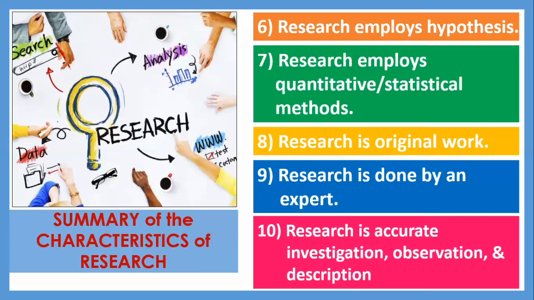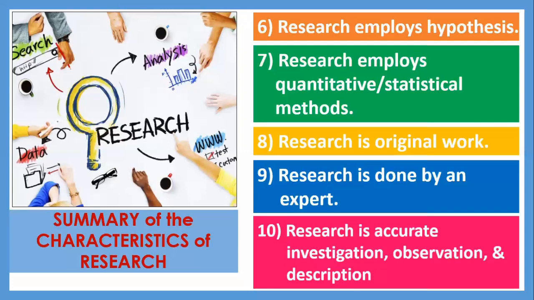data gathered. And for number 8, we can also tell that research is original work. It is original work because except in historical research, data are actually gathered from primary sources or first-hand sources, right?